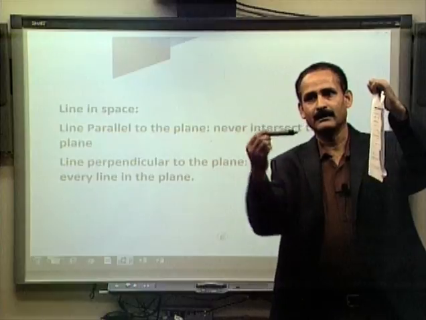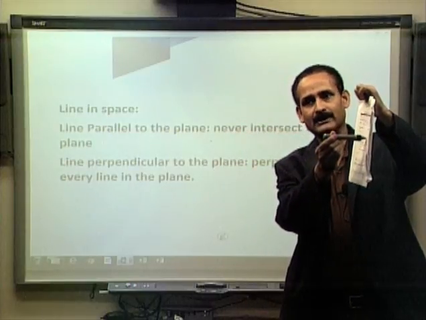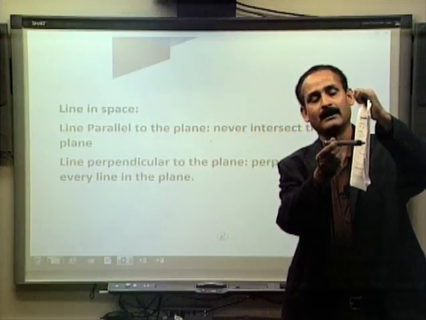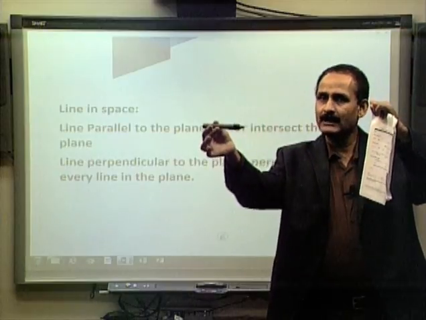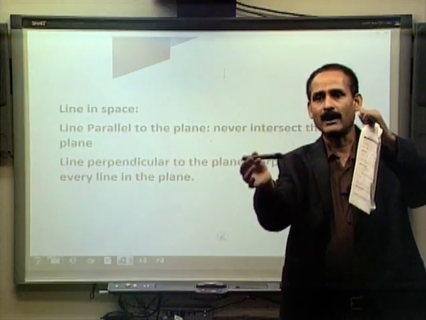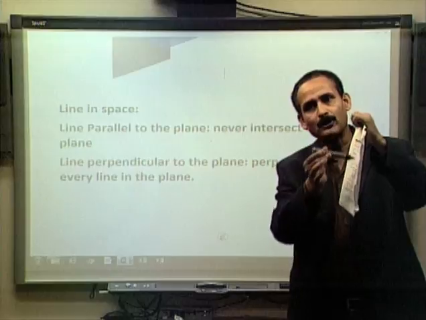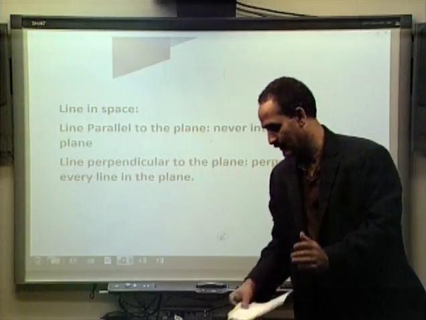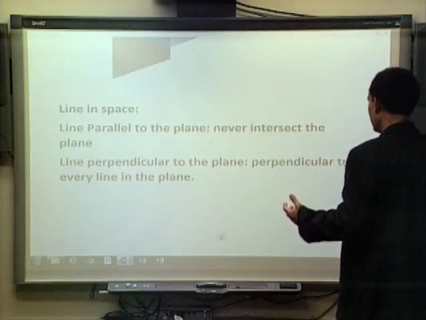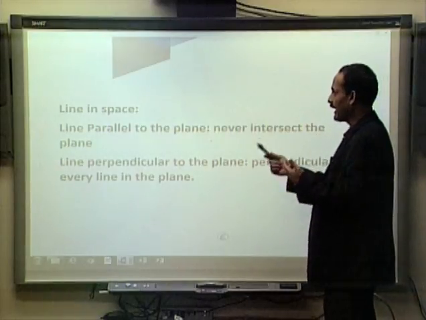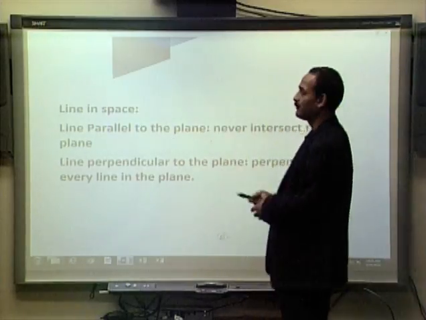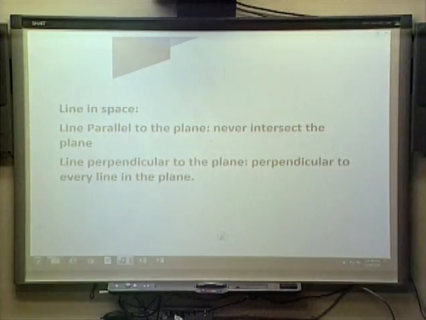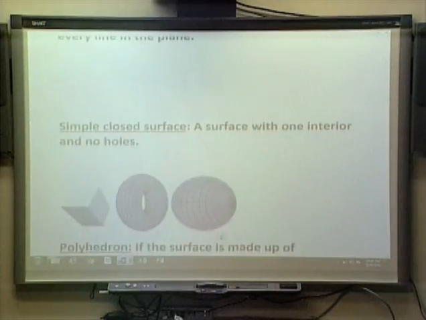This is the plane, this is the line, let's say. Now this line is perpendicular to the plane. In fact, by saying this line is perpendicular to the plane, what I mean is this line is perpendicular to every line you can construct in this plane. So a line perpendicular to the plane is perpendicular to every line in the plane. A line parallel to the plane means it will never intersect the plane.